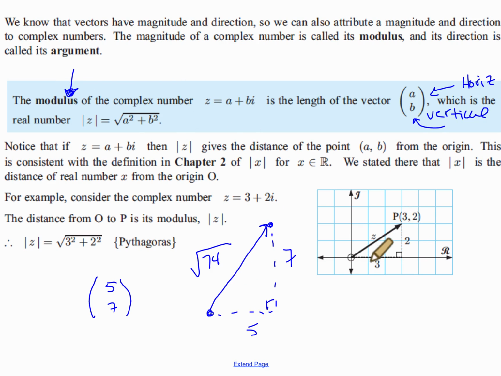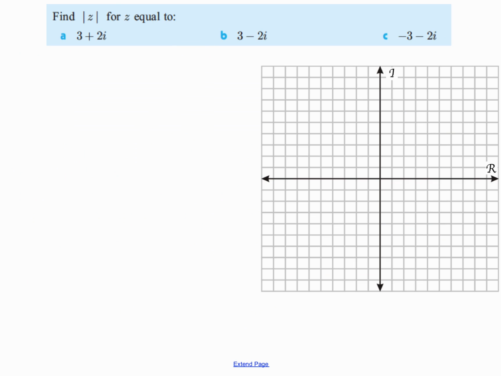So this is the complex number 3 plus 2i, and its distance from the origin to the end of this complex number would be the square root of 3 squared plus 2 squared, which is the square root of 13 by Pythagorean theorem. So find mod z for any of these.